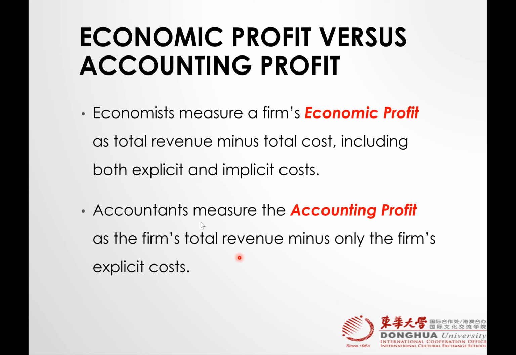The accountants measure the accounting profit as total revenue minus just explicit cost. And it makes sense as well, because whenever there is judgment involved, there is a chance of fraud, right? So accounting measures only total revenue minus those costs which have a direct outflow from the firm, not the indirect costs.